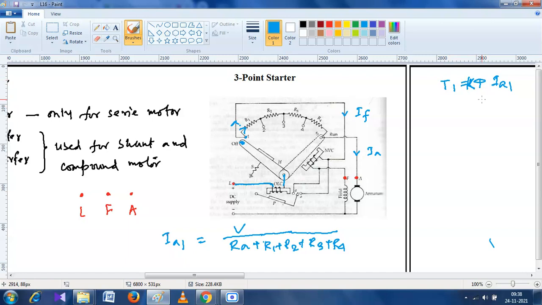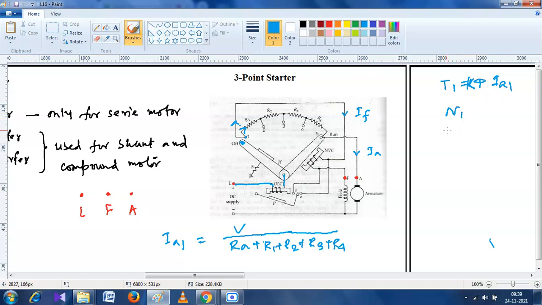Is that so? Ayush? Yes, sir. That means when the current is flowing through the armature and there is a field, a torque will be generated at that time, and due to this torque the armature will rotate, say at speed N1.